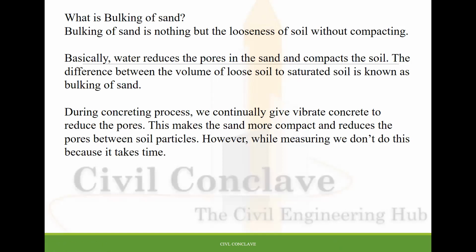Bulking of sand is nothing but the loosening of the soil without compaction. Basically, the water reduces the pores in the sand and compacts the soil. The difference between the volume of the loose soil and the saturated soil is known as the bulking of sand.